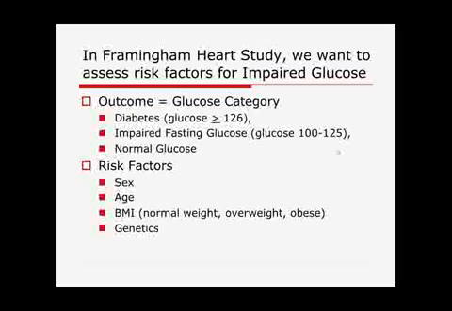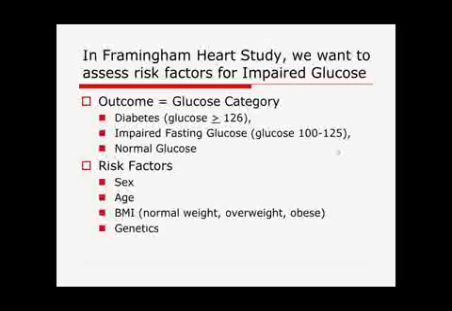We call them impaired fasting glucose if they're between 100 and 125, and we call them normal otherwise. Okay, that's our outcome, the 3 levels. And we're looking at several risk factors: the sex of the person, their age in years, BMI, which we're categorizing as normal, overweight, or obese, and their genetic disposition. And let's suppose they have a particular genetic risk factor or not.